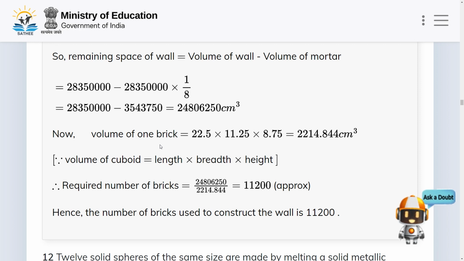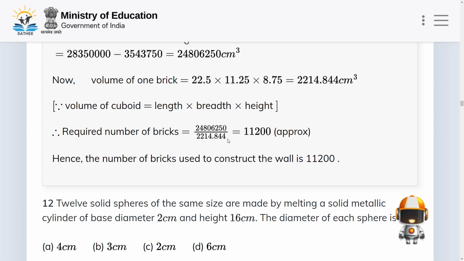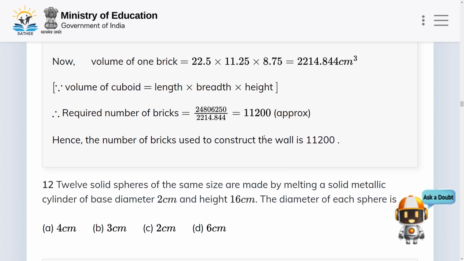Therefore the required number of bricks is equal to 24806250 divided by 2214.844, and this is equal to 11200 approximately. Hence the number of bricks used to construct the wall is 11200. And now let us move to the next problem.